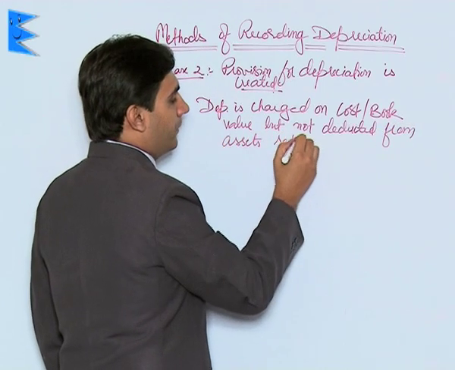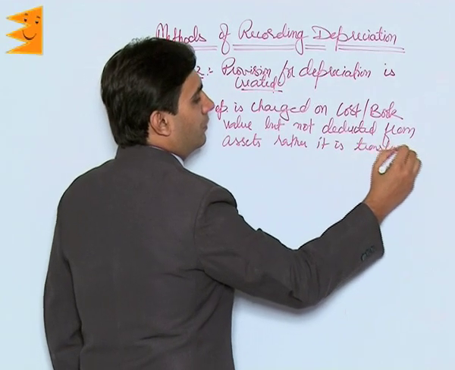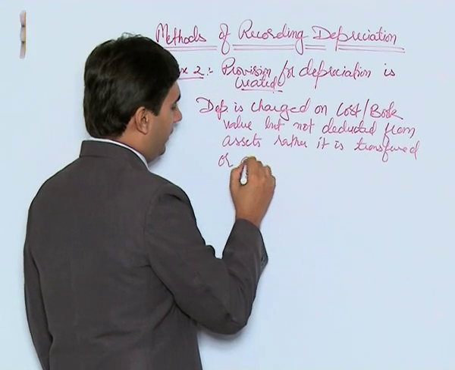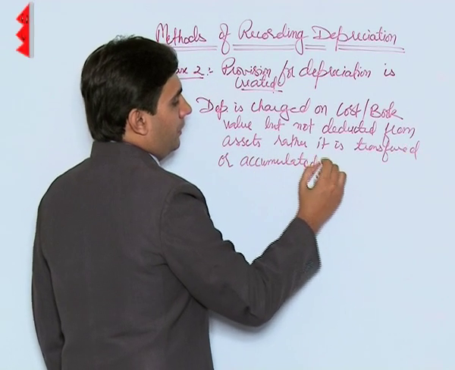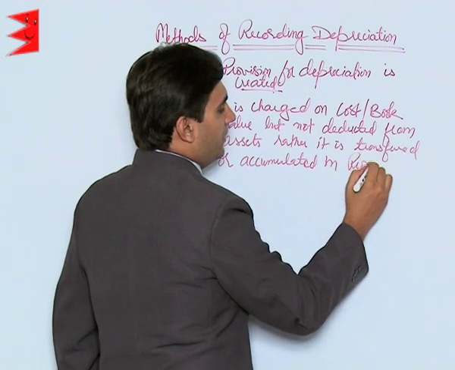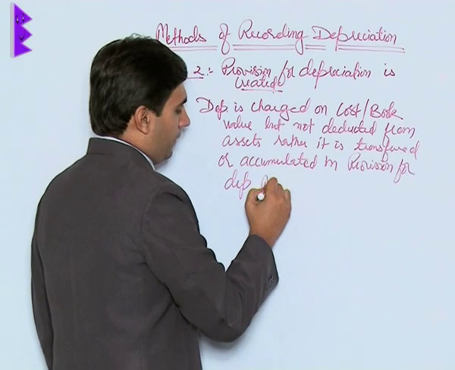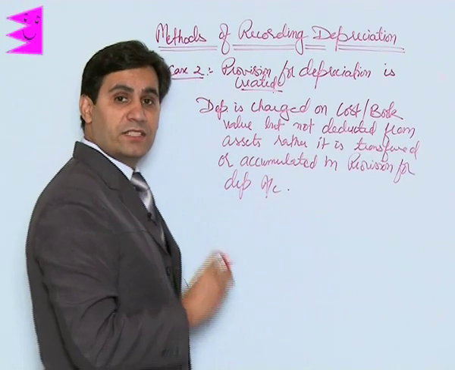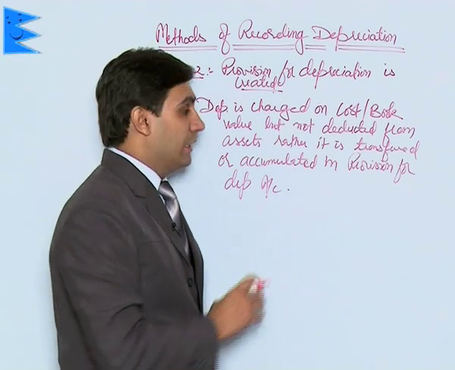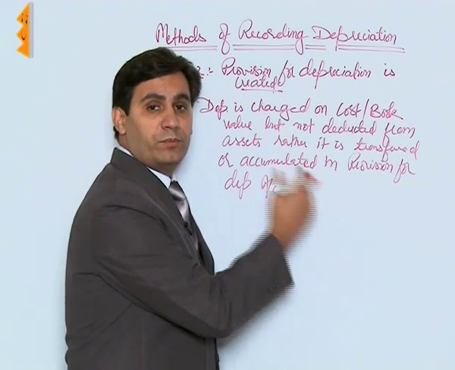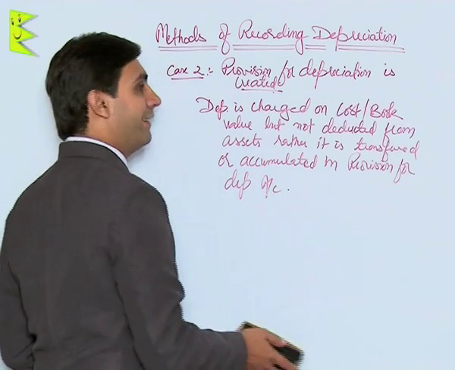Rather, it is transferred or accumulated in provision for depreciation account. So in this case, the assets will continue to appear on its cost, whereas the depreciation would be accumulated in provision for depreciation account. Let us understand what are the journal entries in this case.